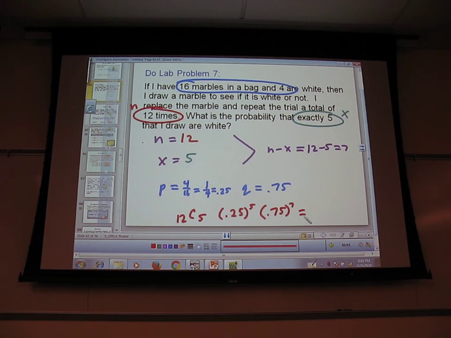Anybody do that yet? Find it, somebody find it. It's 0.103. Anybody else get that same number? That seems good, okay.